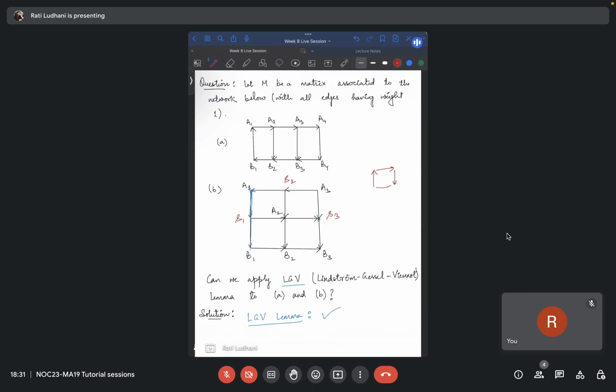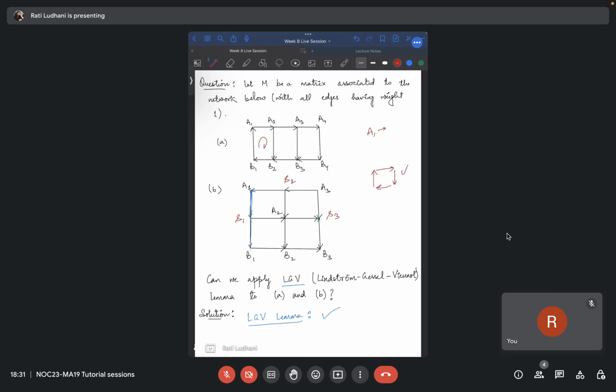So a cycle is like this. As you have mentioned already, A has a cycle. Can you tell me which is the cycle in A? A1 to A2, A2 to B2, B2 to B1, B1 to A1. Exactly. So this is a cycle, and the LGV lemma does not work with a cyclic graph. If you have something like that, there will be a problem.